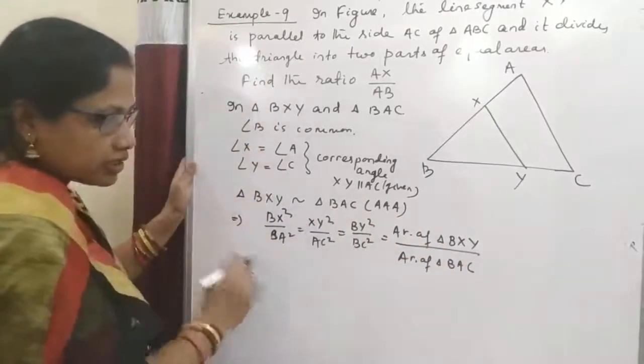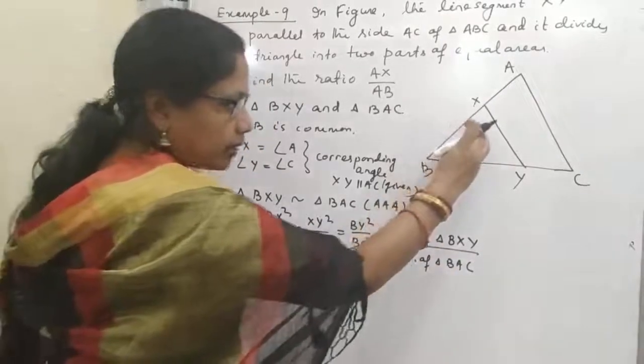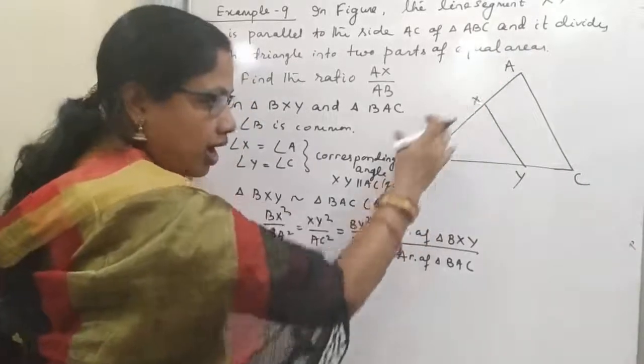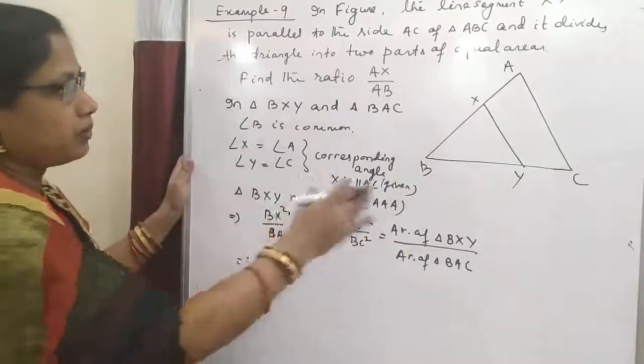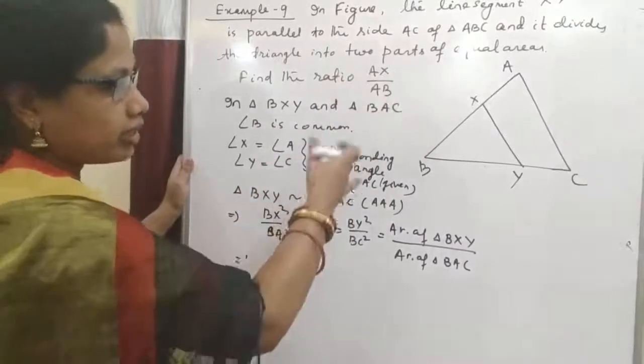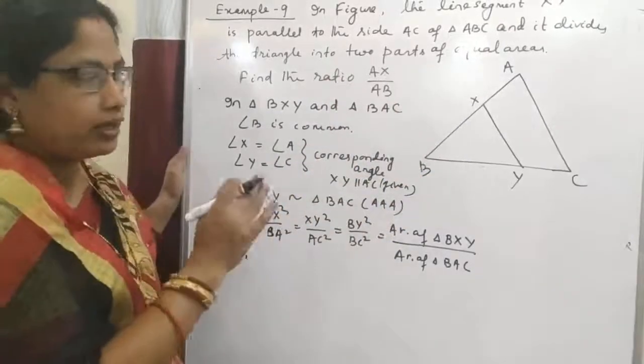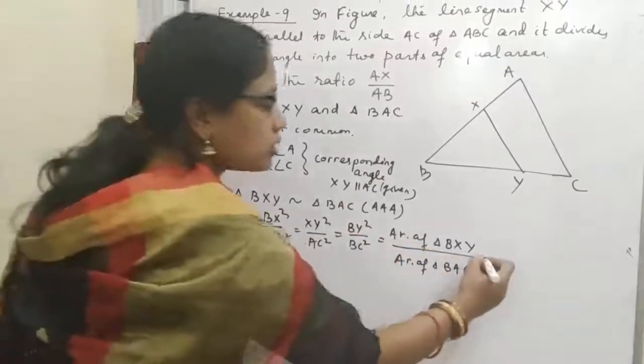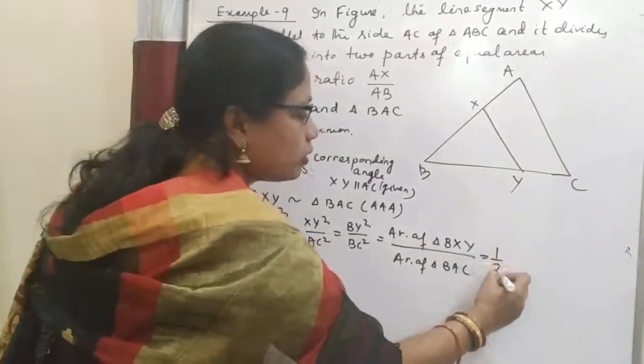Here it is given that area of triangle BXY is half of area of triangle ABC, as the line segment XY divides the triangle ABC into two equal areas. So this is equal to 1 by 2.